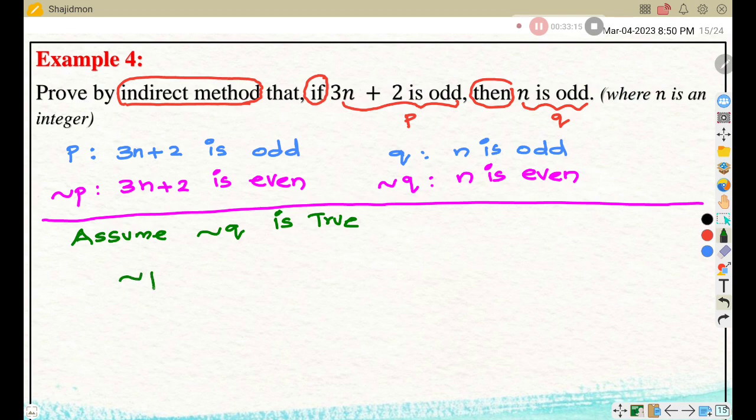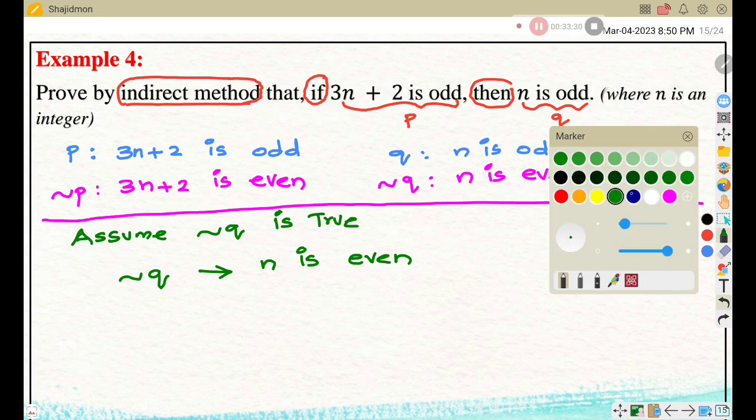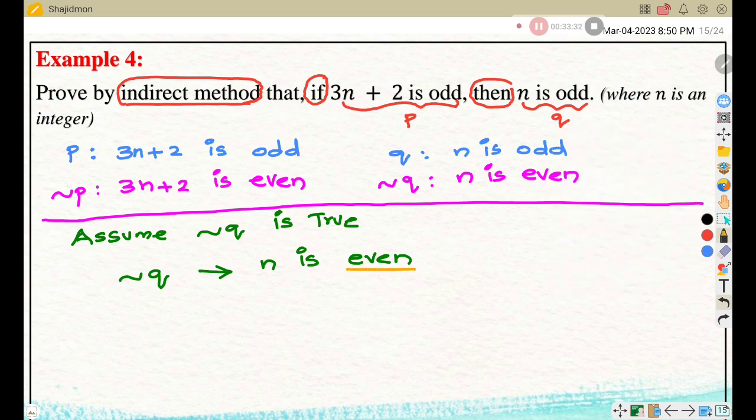Negation of q is true means n is an even number, correct? Now we studied that if n is an even number, how do we write n?